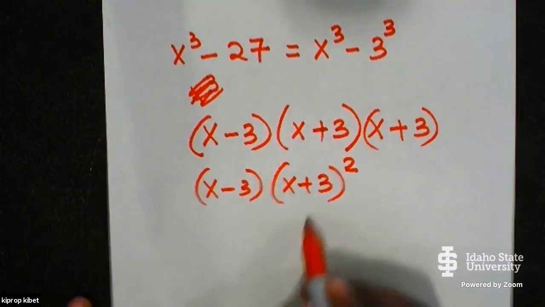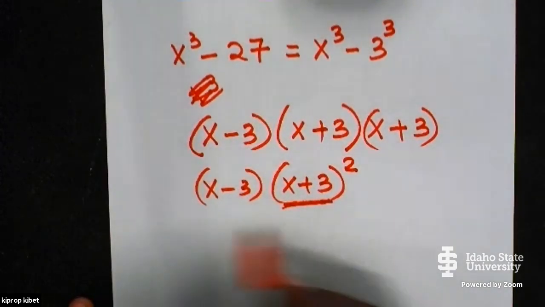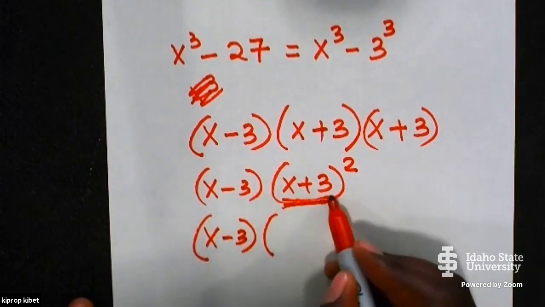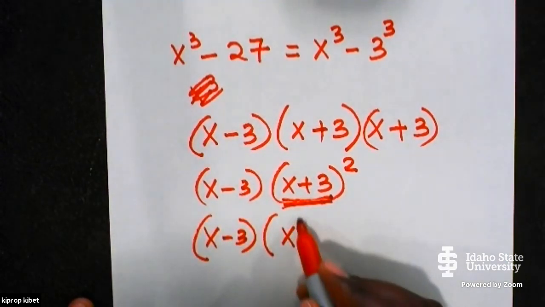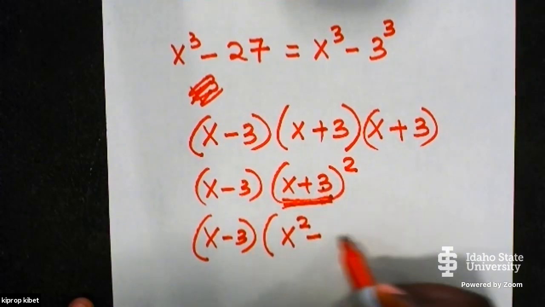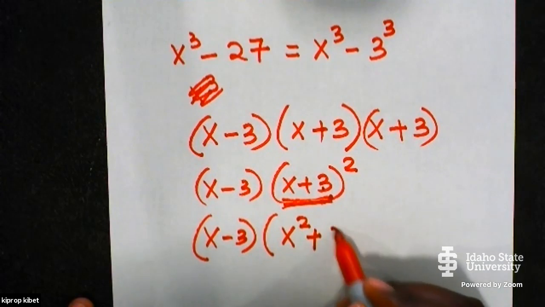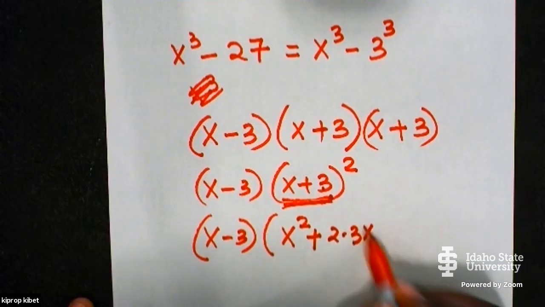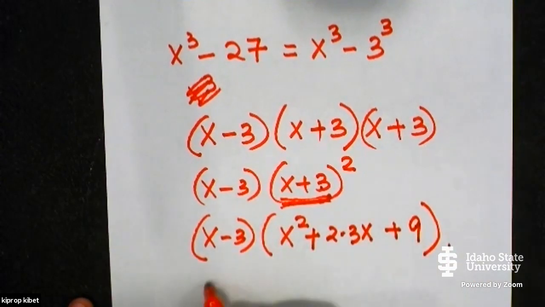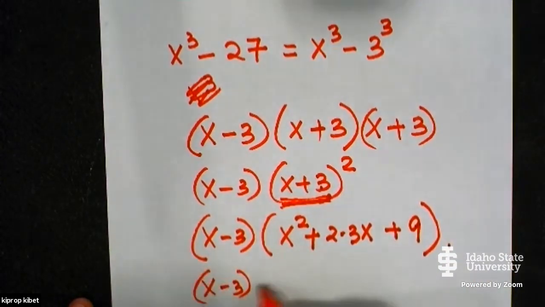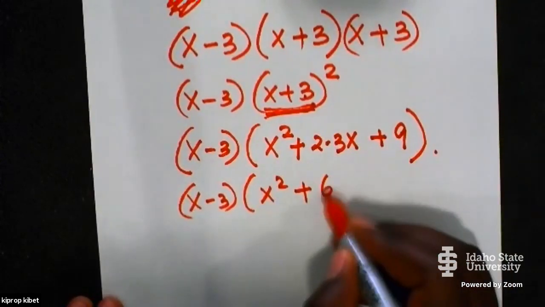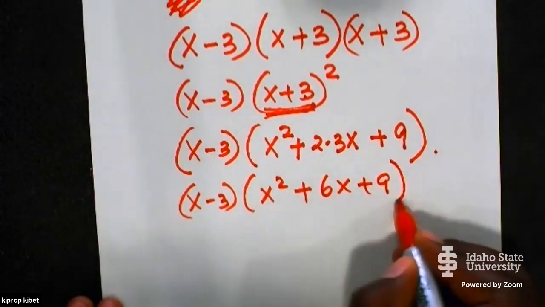Now, when we expand the x plus 3, x minus 3 will come outside, then this is a perfect square, so x squared plus 2 times 3 x, and then plus 9. So x minus 3, x squared plus 6x plus 9.